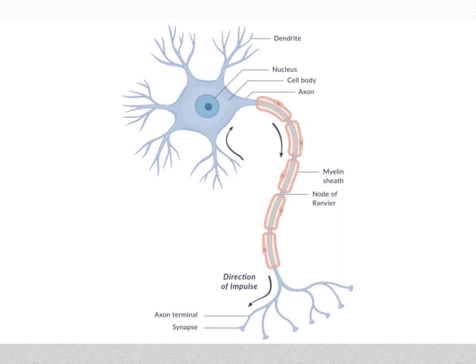So it's the direction of the impulse. There's the myelination, and you can also see that there are little gaps in the myelination, and those are called nodes of Ranvier. So this just gives you a picture of a myelinated neuron.